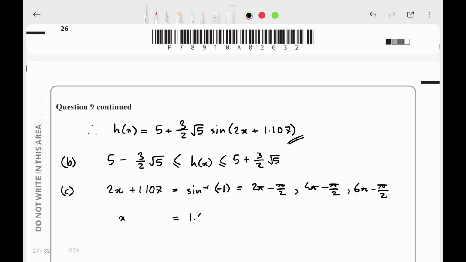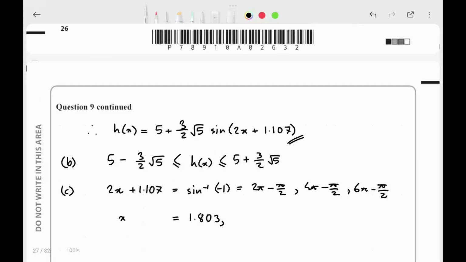So the first value is 1.803. The next value is quite large.